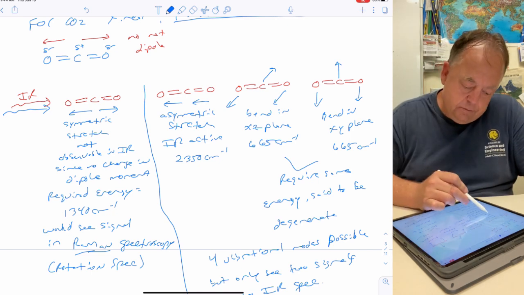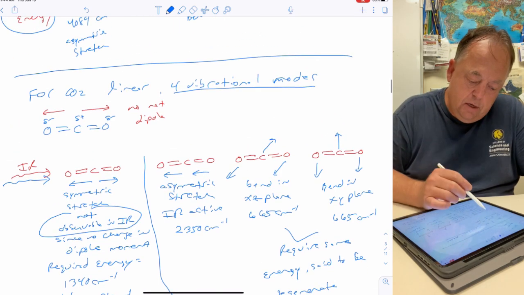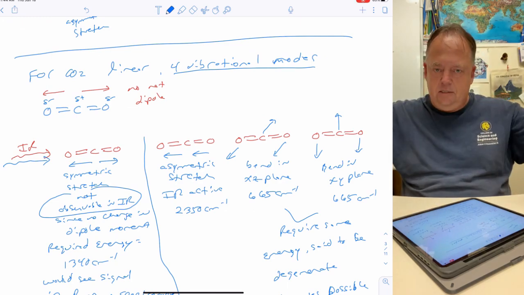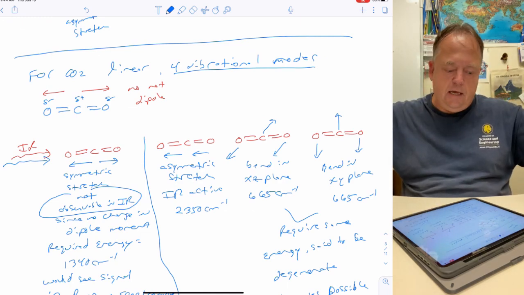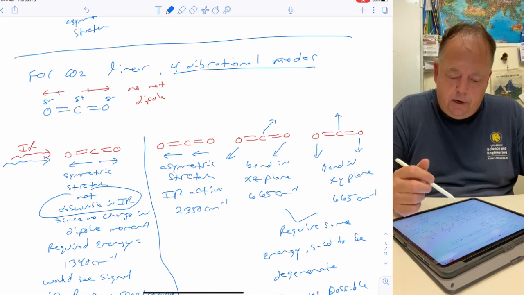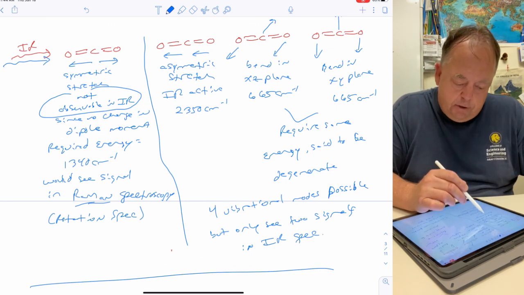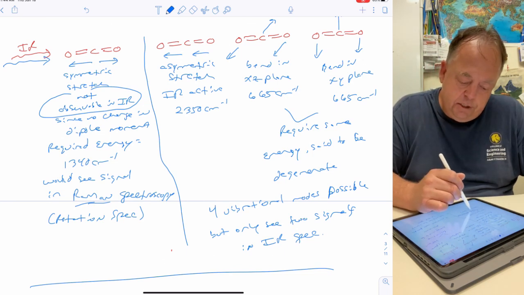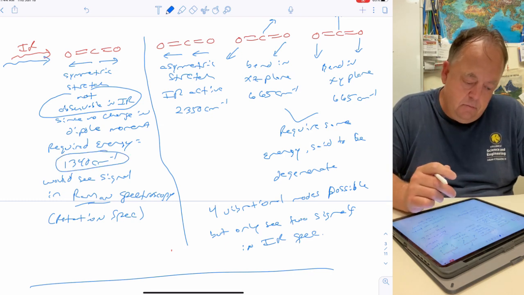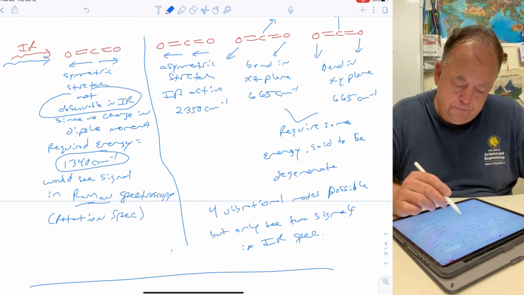This is not observable in IR because CO2 doesn't have a dipole moment, and if you stretch those oxygens in the same direction, it still doesn't have a dipole moment because the 2 individual bond dipoles cancel each other out. So that mode is not observable in IR spectroscopy, but you would observe it in Raman spectroscopy. The energy required to make the molecule stretch like that is 1340 inverse centimeters.